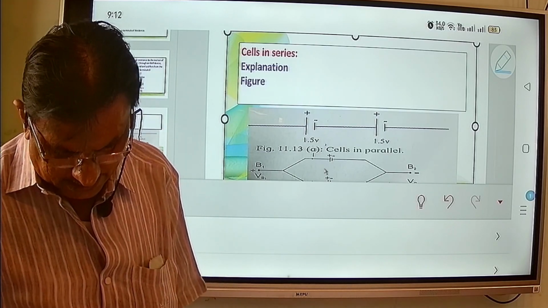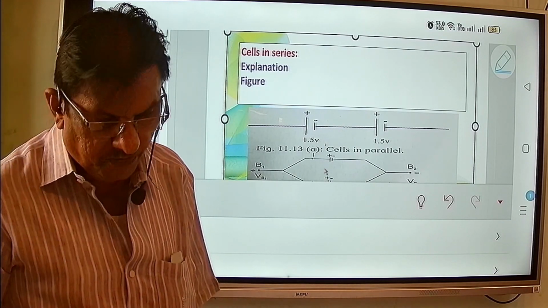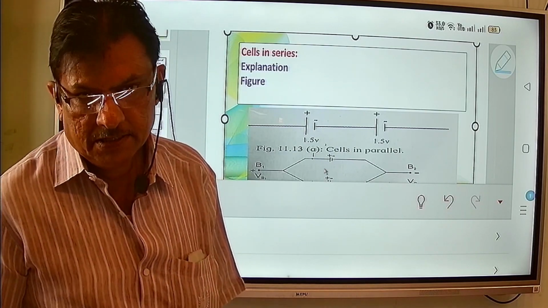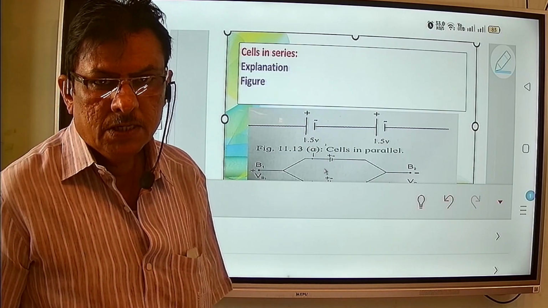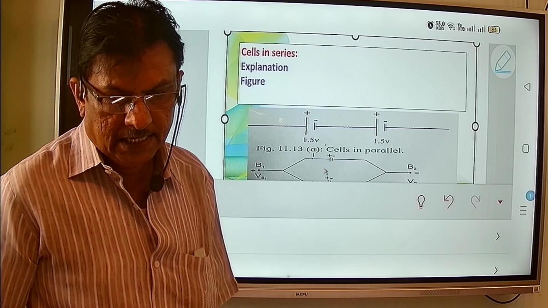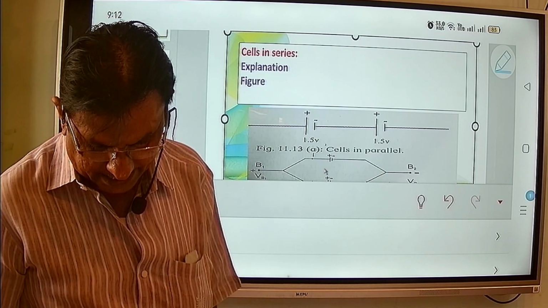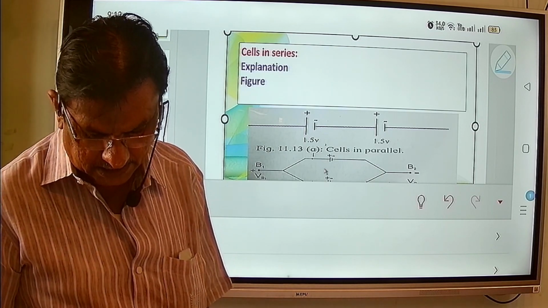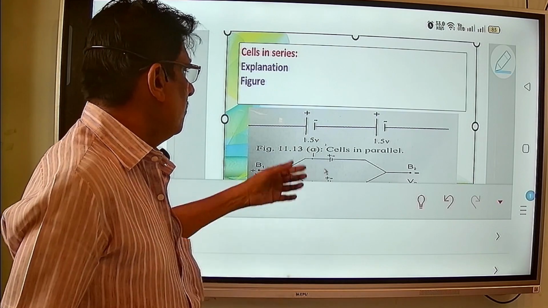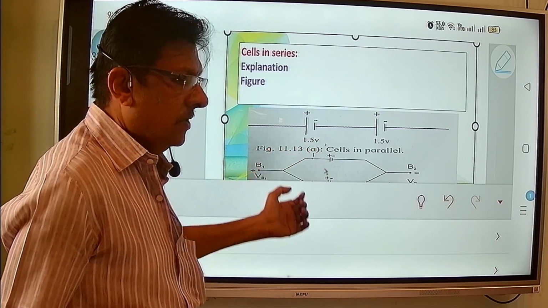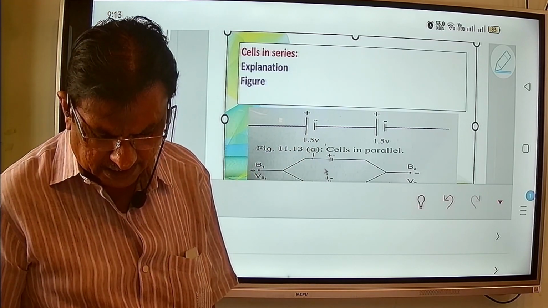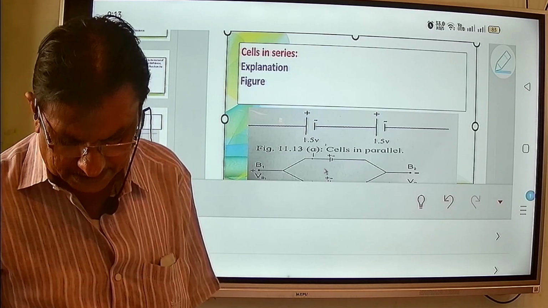Now in such a situation, if you take a large number of cells, n number of cells, then the equation will be the sum of the voltages of n cells, and therefore we write it as the summation of Vi, where i takes values from 1 to n. So this is the case of cells in series.